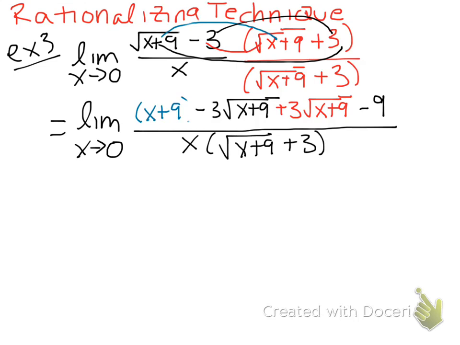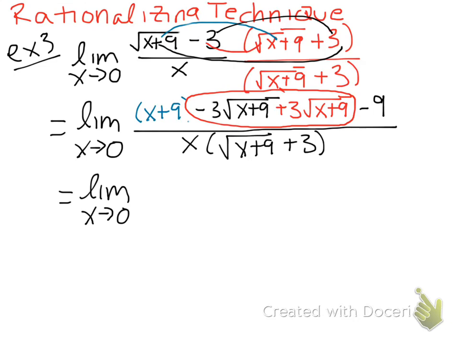Now you need to simplify the numerator. So here we have a negative and a positive of the same term, so that's going to subtract and make 0. So we have the limit as x approaches 0 of x plus 9 minus 9.